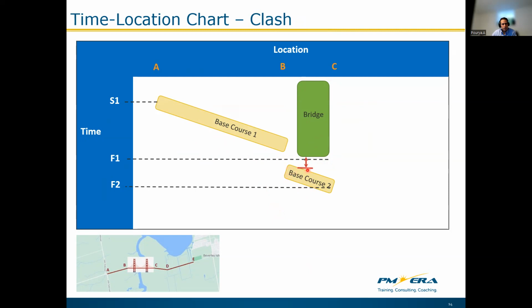Therefore, the base course activity 2 is tied to the bridge, and base course 1 with finish to start. These two activities should finish with a time lag, and then the base course 2 activity is started.